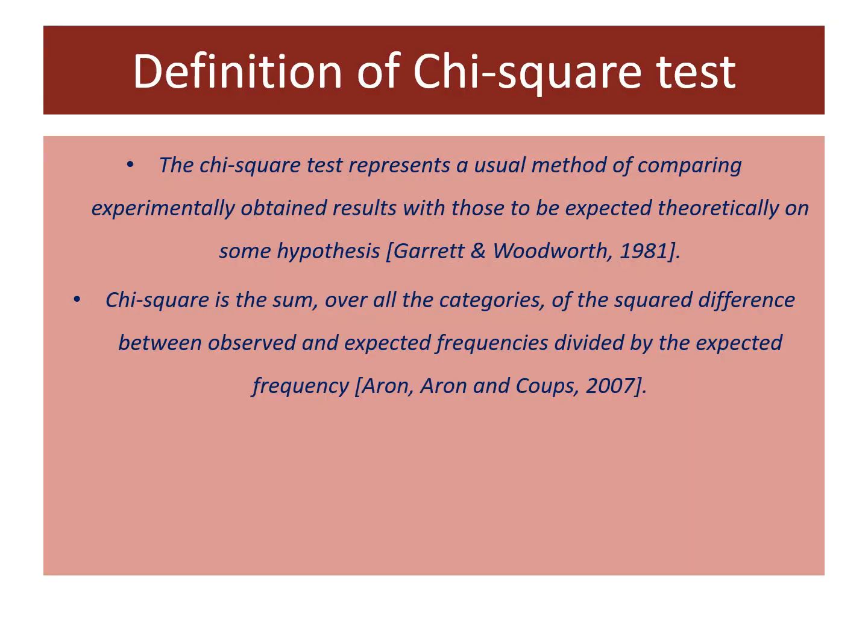There are two definitions. The first definition is: the chi-square test represents a usual method of comparing experimentally obtained results with those to be expected theoretically on some hypothesis. See, this definition is given by Garrett and Woodworth in 1981.